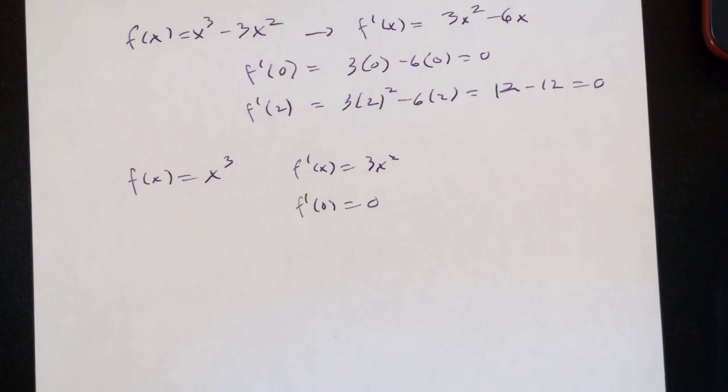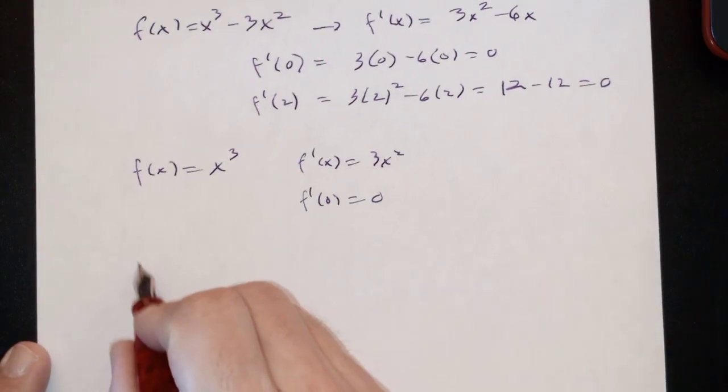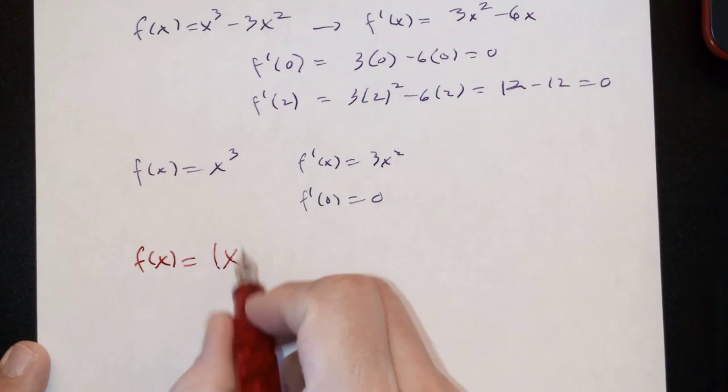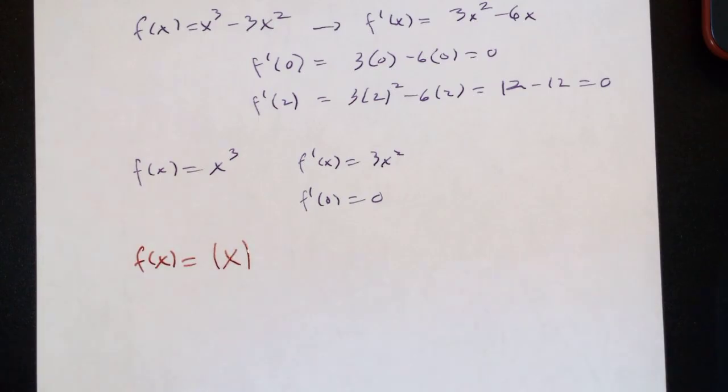In the same vein, graph the absolute value of x. What's this graph look like? It's not a straight line.